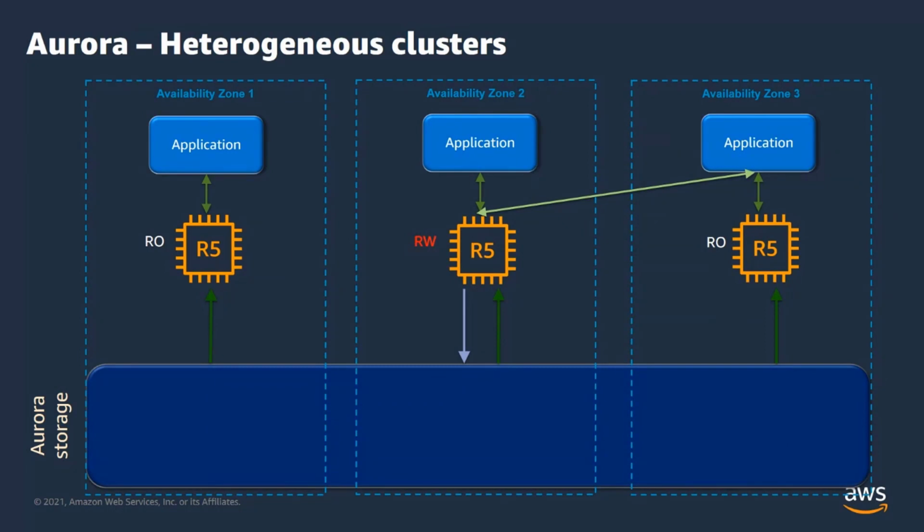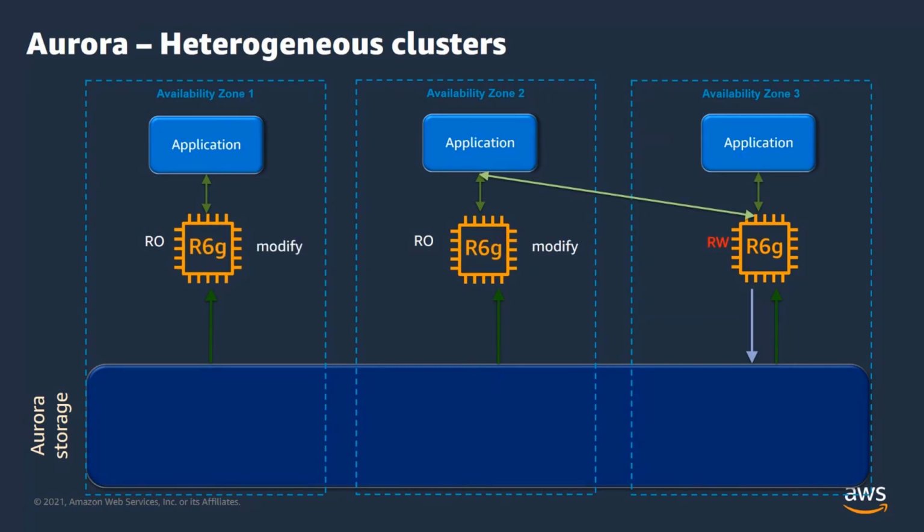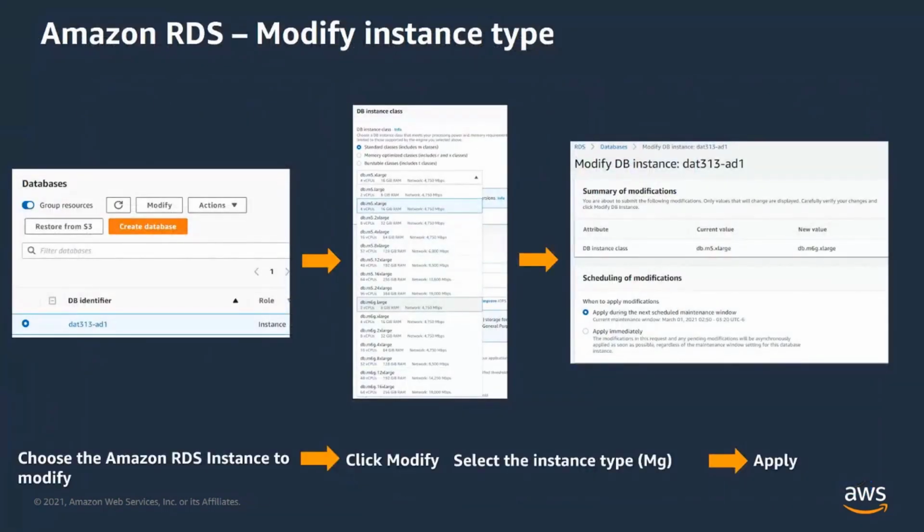Let's go through a bit of the process of how you can use this. First, you can modify one of the readers to an R6G, and then run the test. If your application performance comes out to be good, then you can fail over to the R6G instance, and then convert the rest of the instances and move to the R6G.